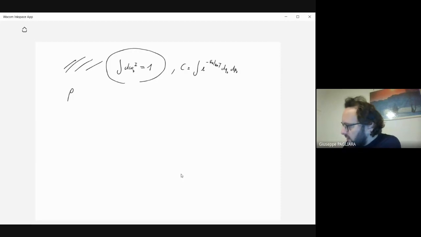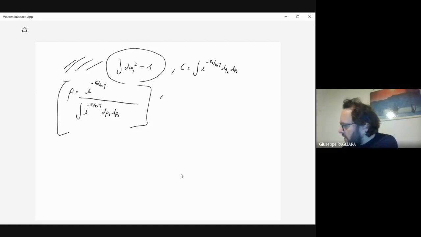Therefore, at the end, rho is equal to e to the minus ES divided by kBT, divided by the integral of e to the minus ES over kBT dqs dps. Now, this formula here is the canonical ensemble.